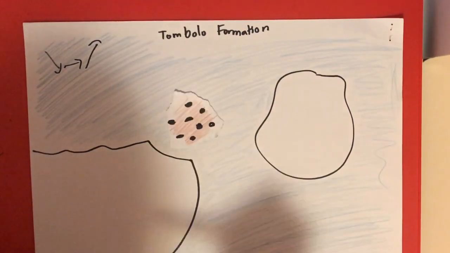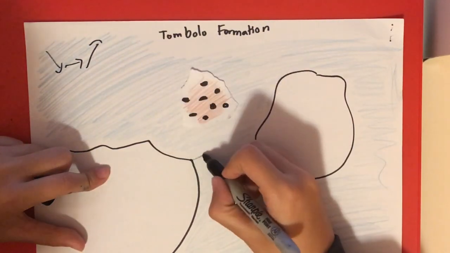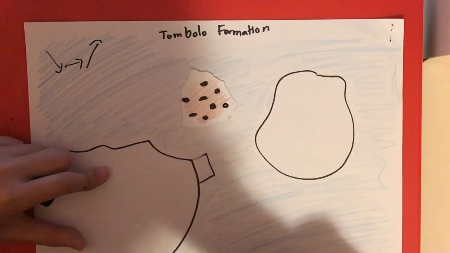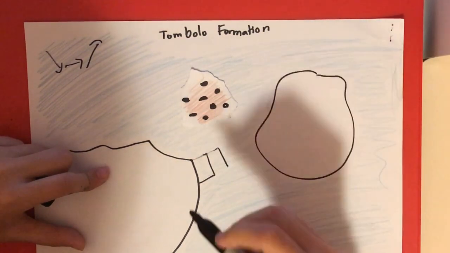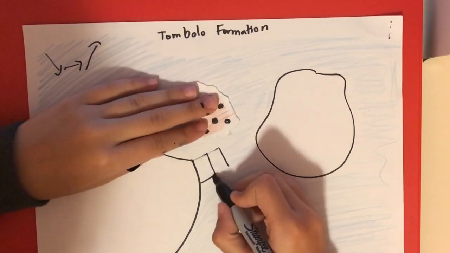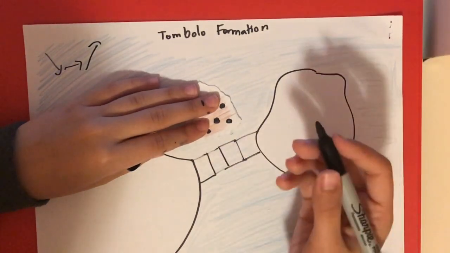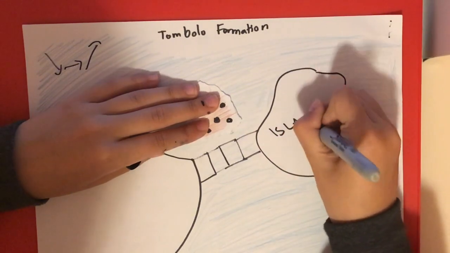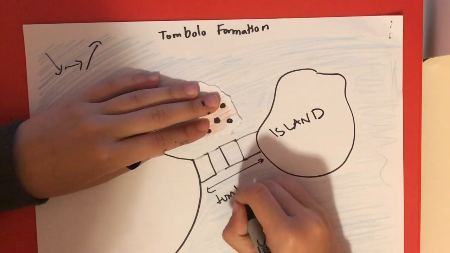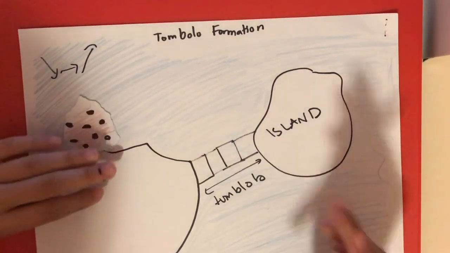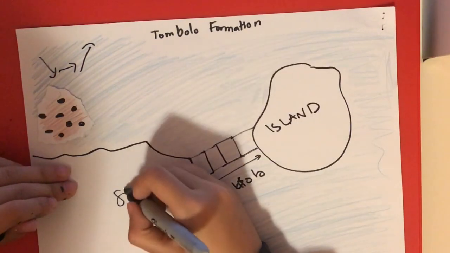As time passes, the sediment is piled up, resulting in a spit. However, it increasingly grows in length to the point where it unifies with a nearby island to form what we know as a tombolo. And right here, obviously, is the land.